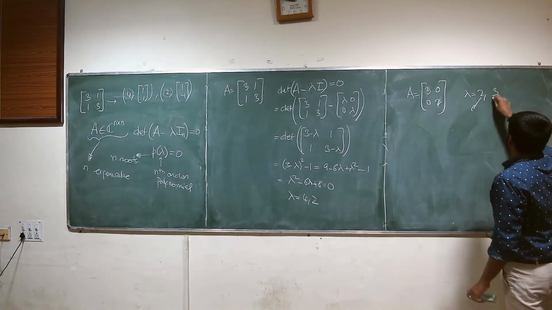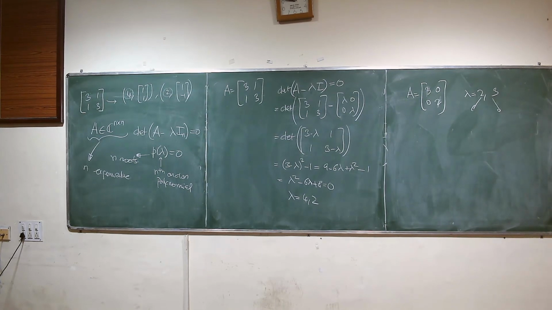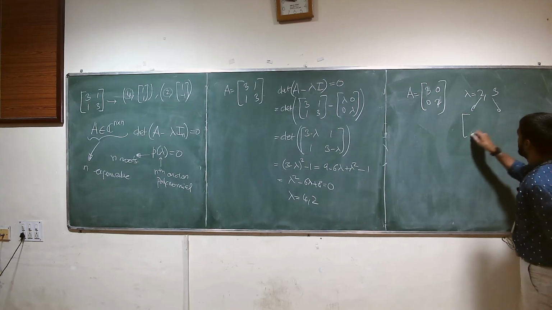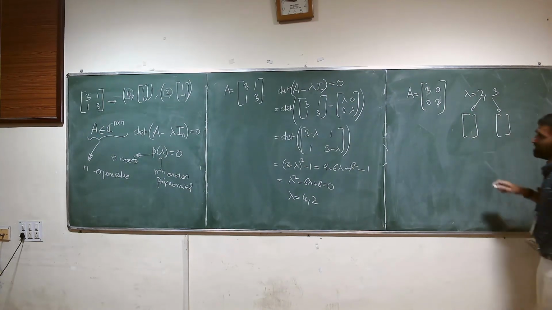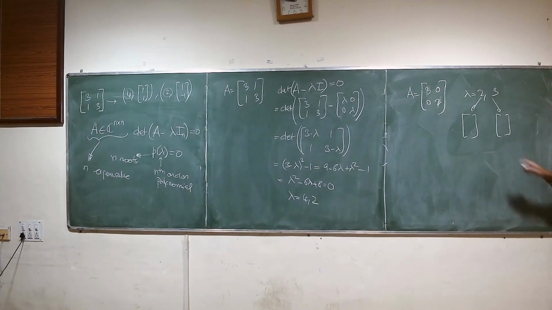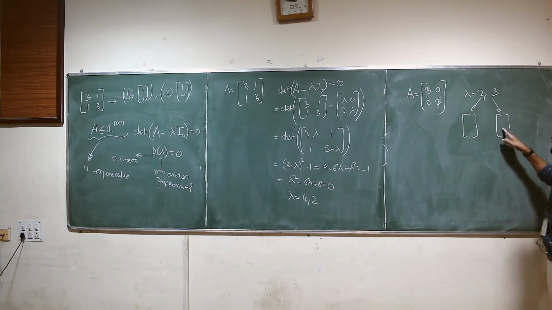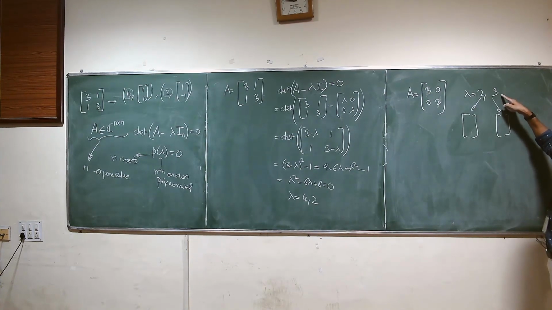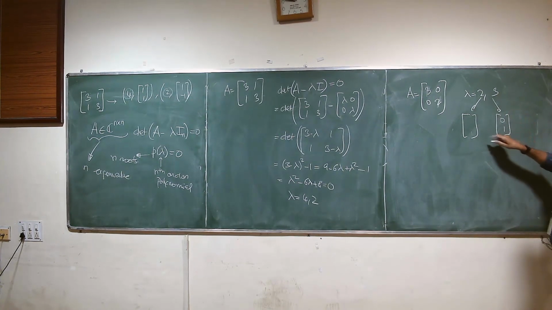What are the corresponding eigenvectors? One, zero here, is it? Or here, for eigenvalue 3? 0, 1.